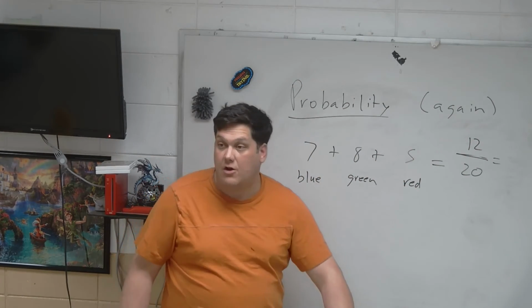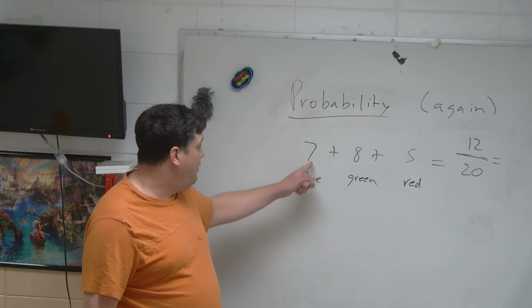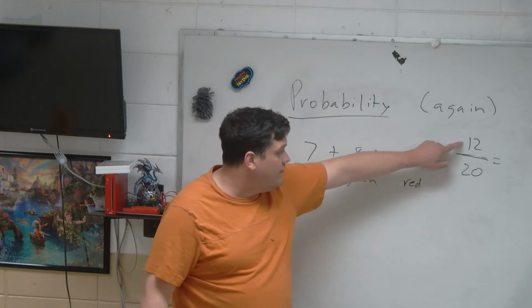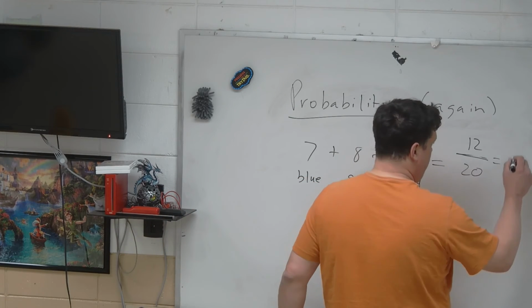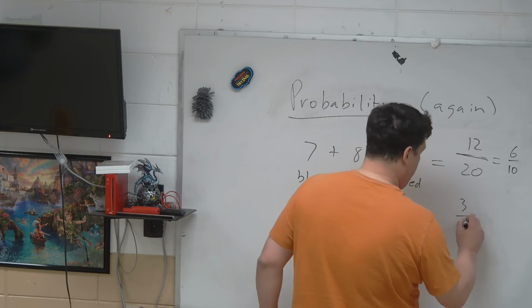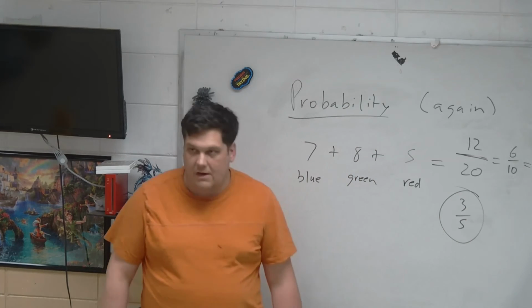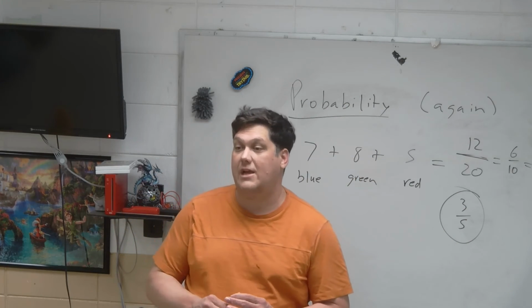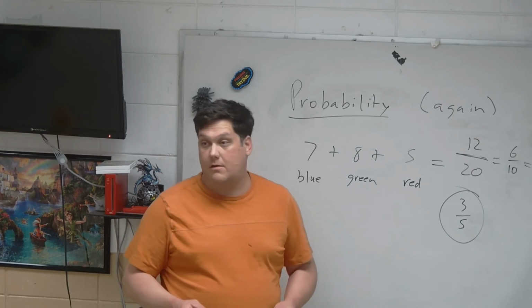So if we were to reach in there and grab just a block at random, and we were interested in either blue or red, we've got 12 chances out of the 20 blocks that are in there, which is 3 out of 5. We have a 60% chance of grabbing either a blue or a red.